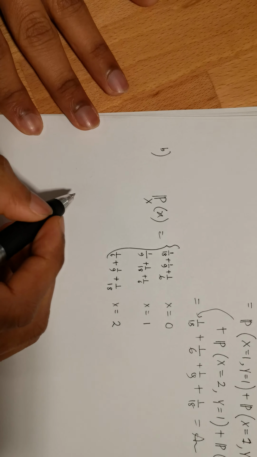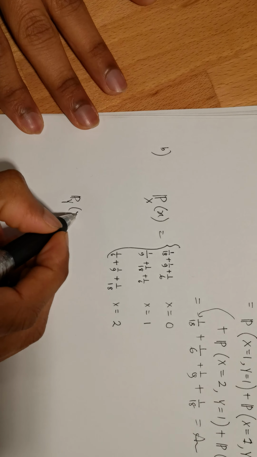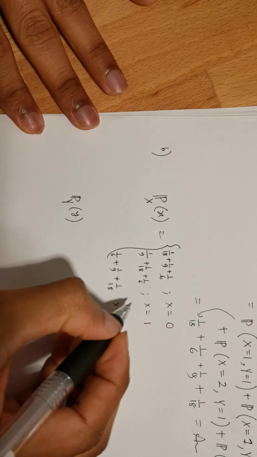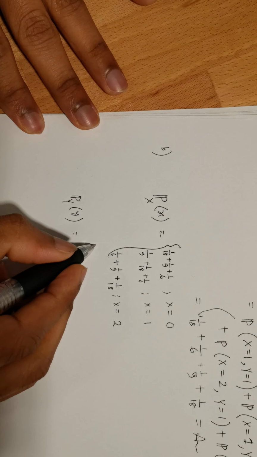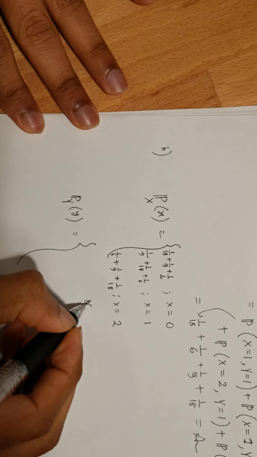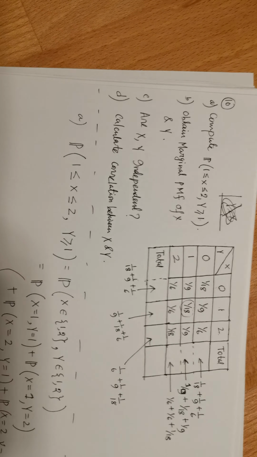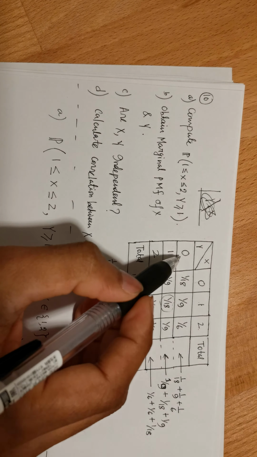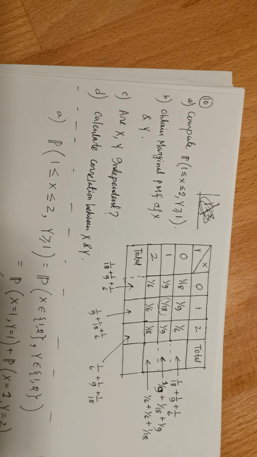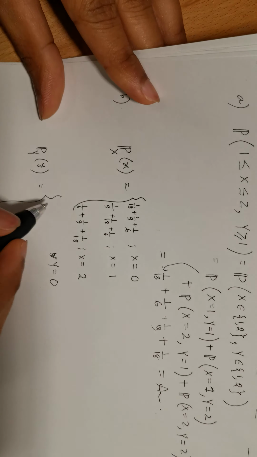Similarly, for y, you can write p of y. y can take value 0. What is that? You can see from the table, this sum, right? I have indicated it's there already: 1 over 18 plus 1 over 9 plus 1 over 6.